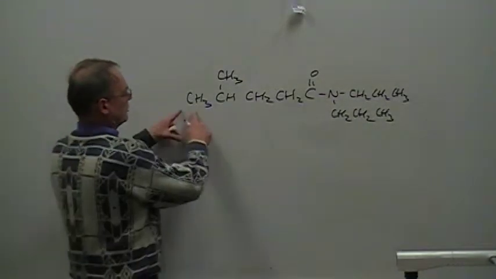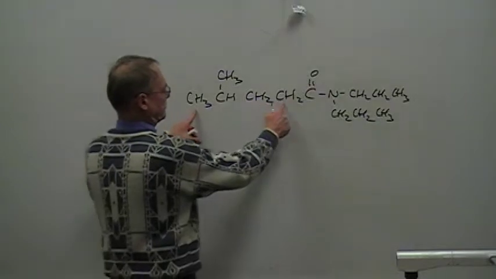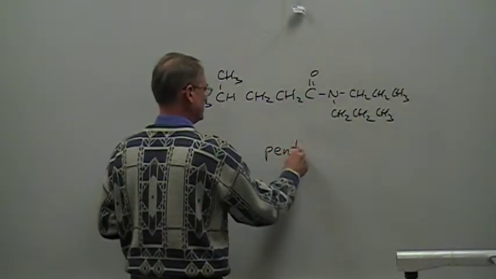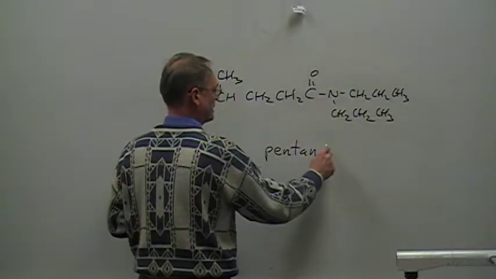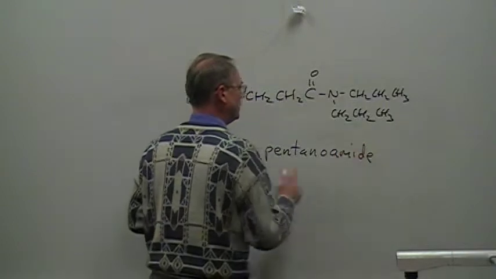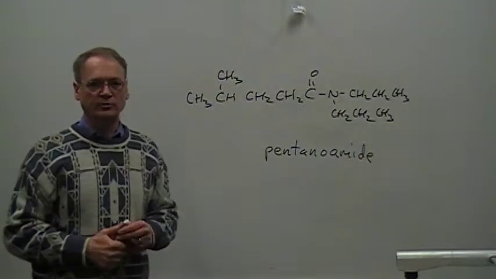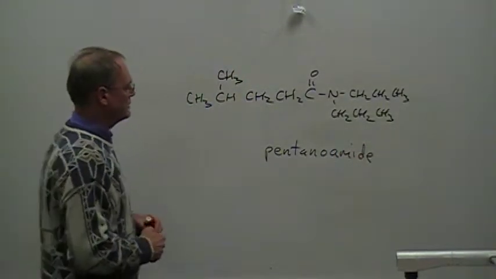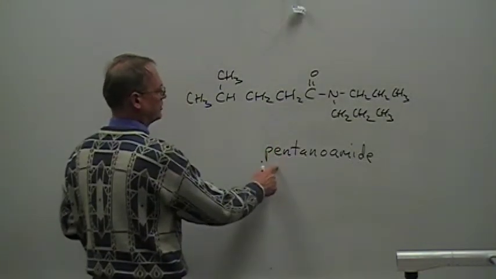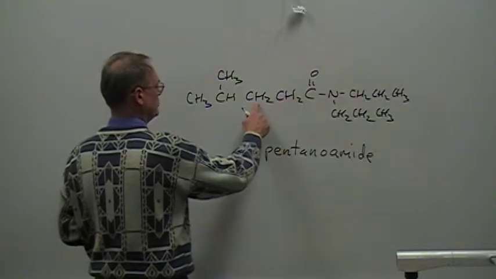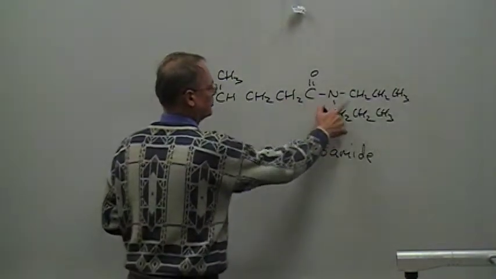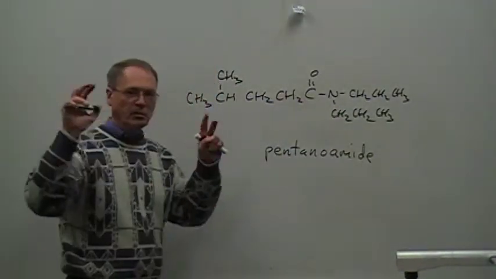Well, the basic carboxylic acid would be 1, 2, 3, 4, 5 carbons, so pentanoic acid. We change the ending to amide, so pentanoamide. Then it's a matter of indicating what the groups are and where they're attached. In the IUPAC system, which I'm using here, that's carbon number 1, 2, 3, 4. So we have a methyl group at carbon number 4, and we have 2 propyl groups at, well, carbon number N.